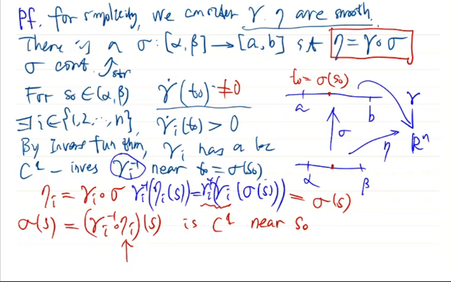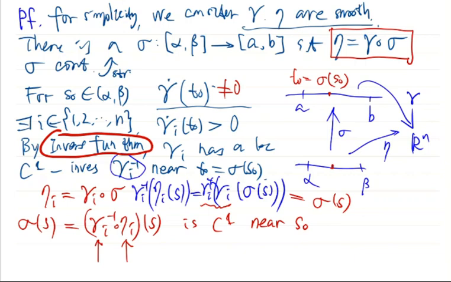And gamma_i inverse is the local C1 inverse of gamma_i. Gamma_i is smooth, therefore its local inverse is also smooth by the inverse function theorem. Here we use the inverse function theorem. So this proves that sigma is smooth.